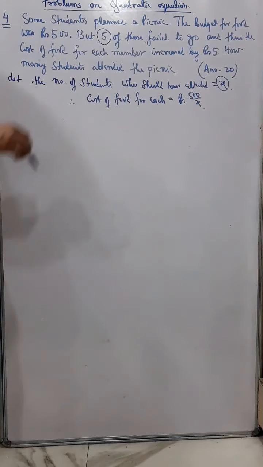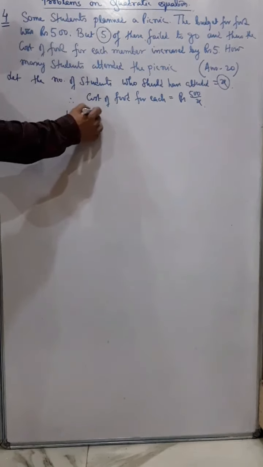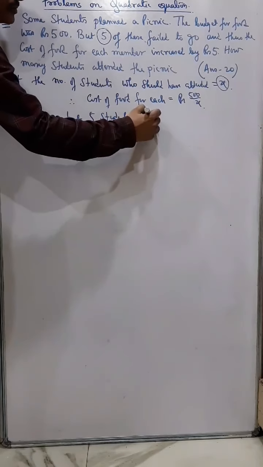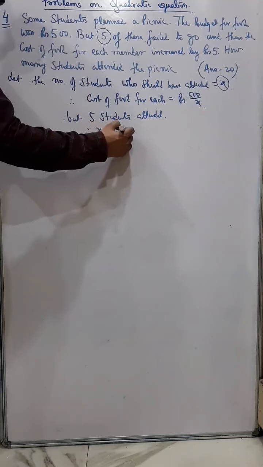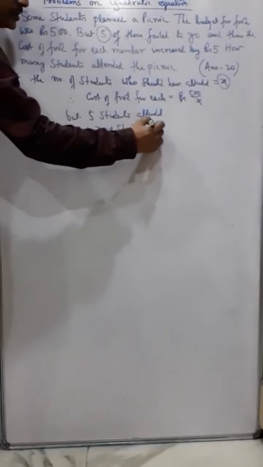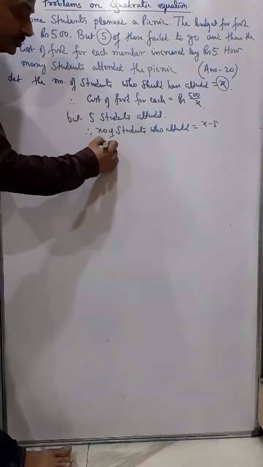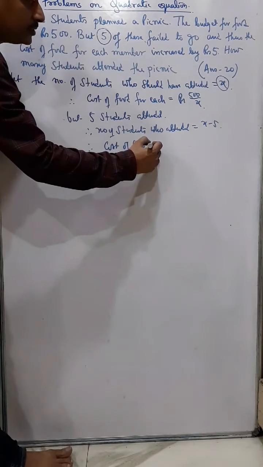But actually what happens? But 5 students didn't attend, and therefore number of students who attended is how much? Number of students is now 5 less, x minus 5. And now what will be the cost of food for each?